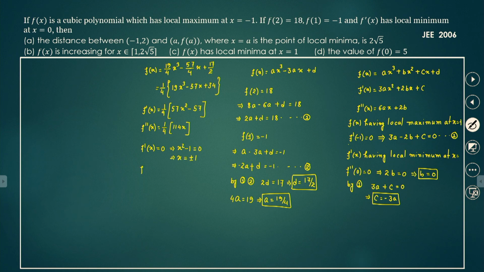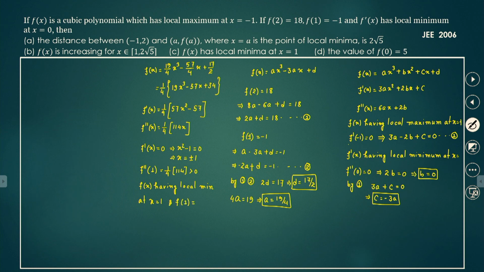And also notice that f double dash of plus 1 actually gives you 1 by 4 multiplied by 114. That's actually greater than 0. So therefore, we'll say that f(x) is having a local minimum at x is equal to 1, and f(1) we need to calculate.